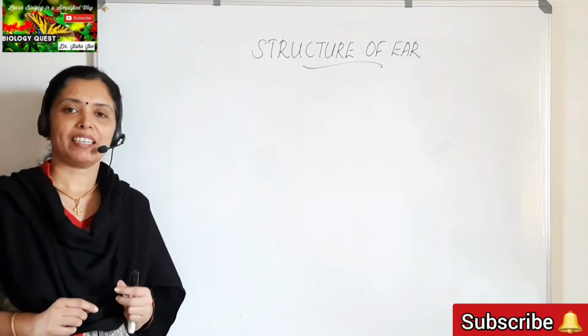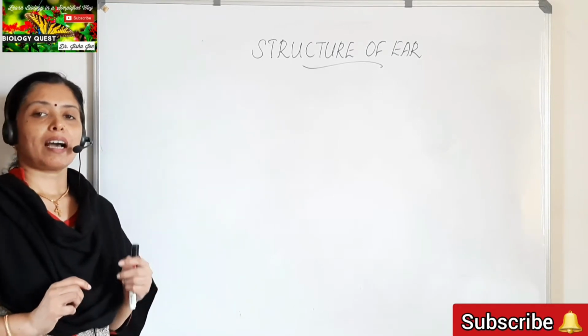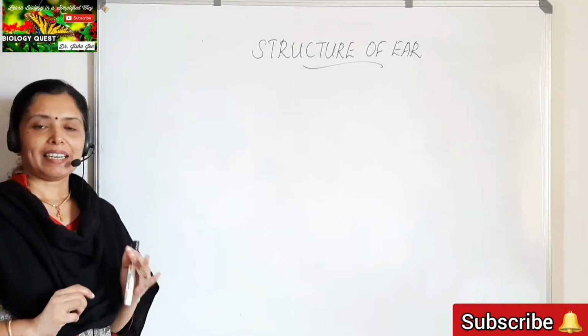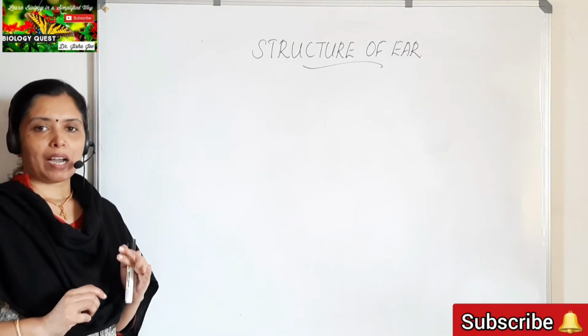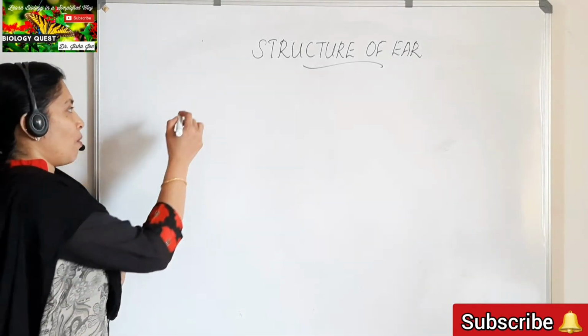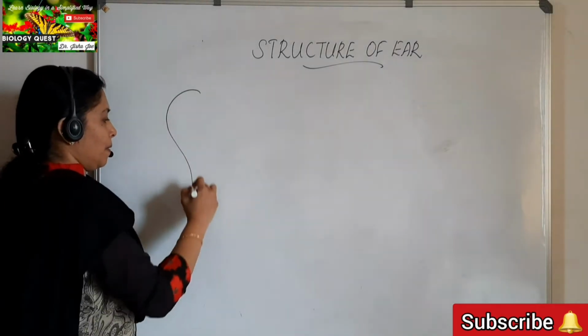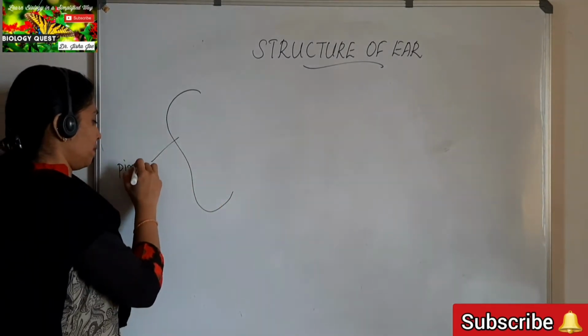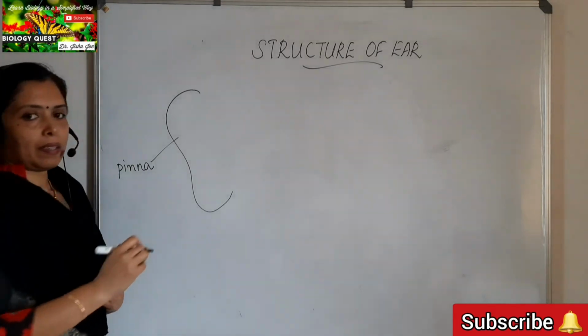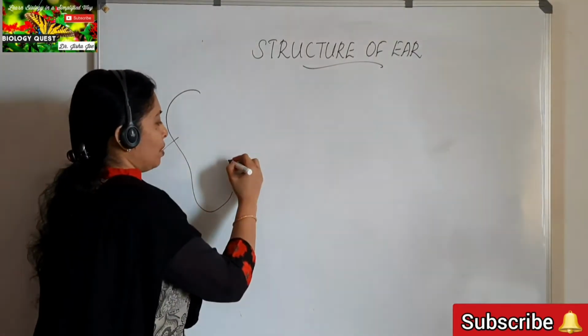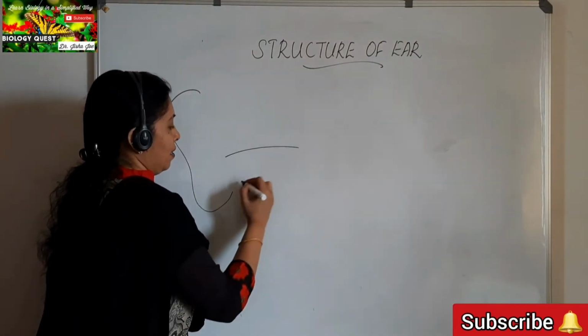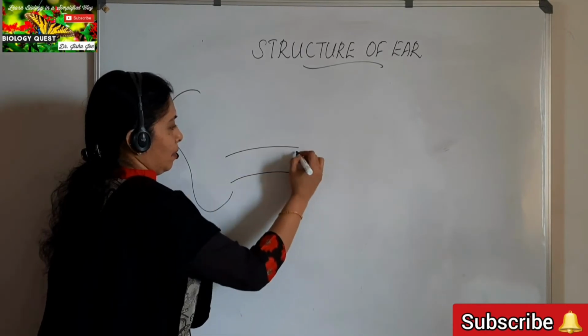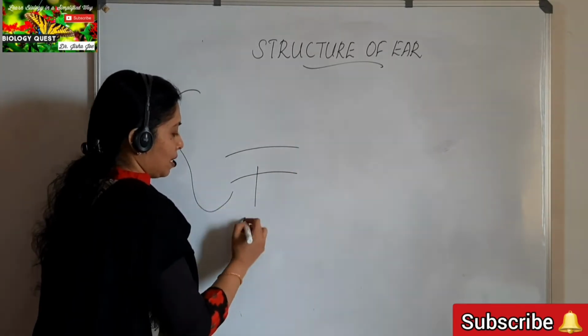The human ear consists of three parts: outer ear, middle ear, and inner ear. Outer ear comprises of the pinnae, that is the pinna. Then there is an opening which leads into a canal, which is called as the auditory canal.